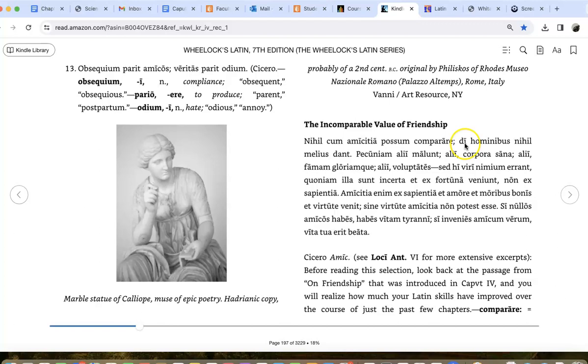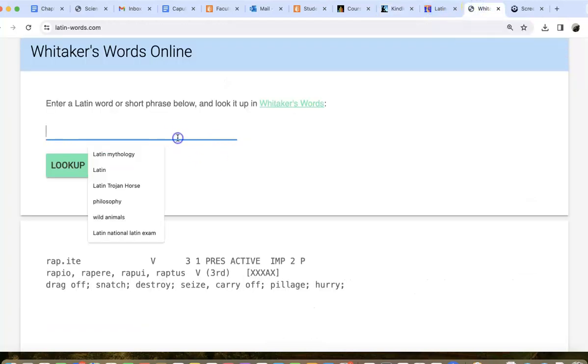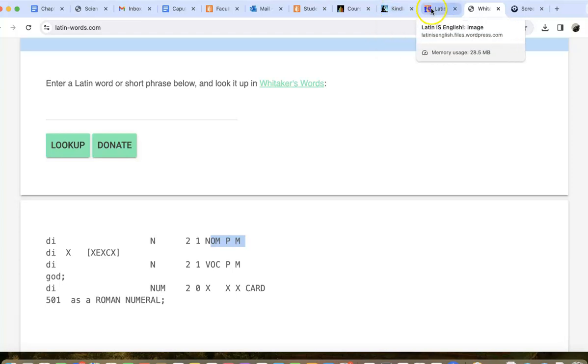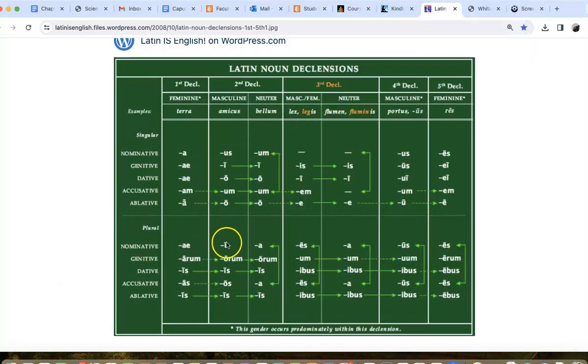The gods, so the DI is gods. So again, if we're not sure, we look it up. Of course, Deus is God, but then this is the gods, because it is in the nominative plural. And it ends with the letter I, which is second declension nominative plural, so di.